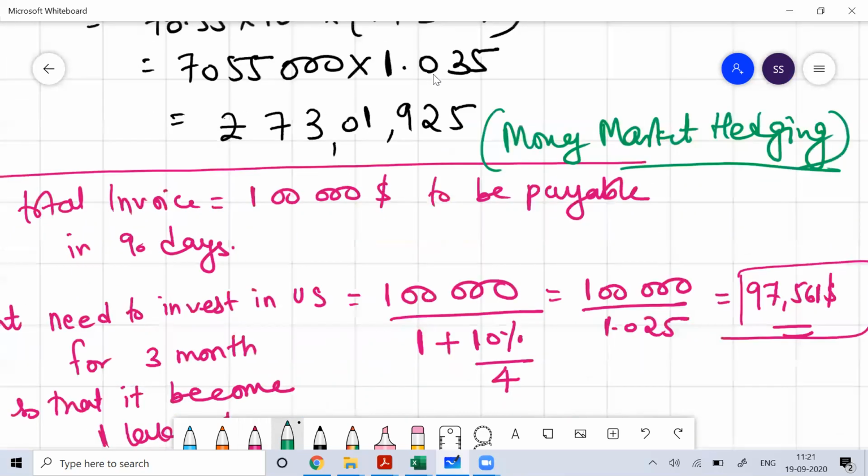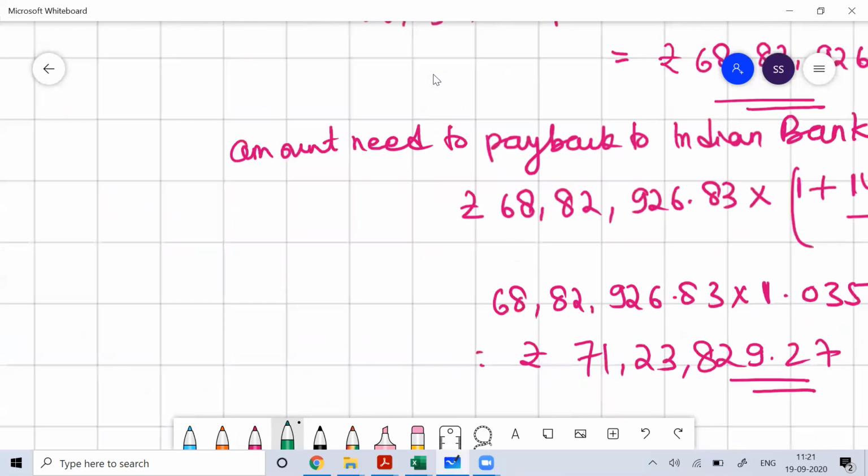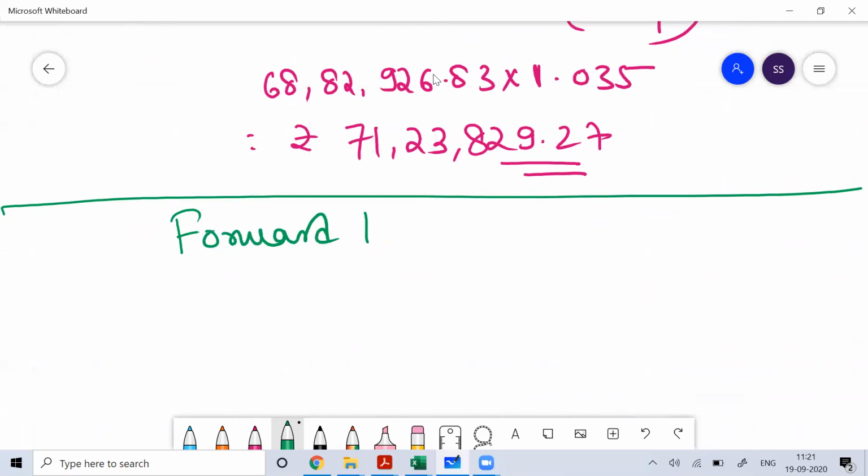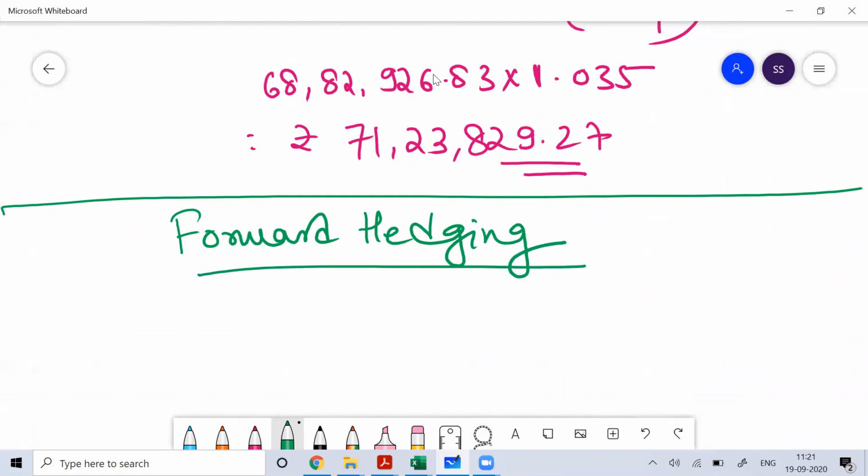Now I'll talk about forward hedging. So in the forward hedging, I need the forward rate.